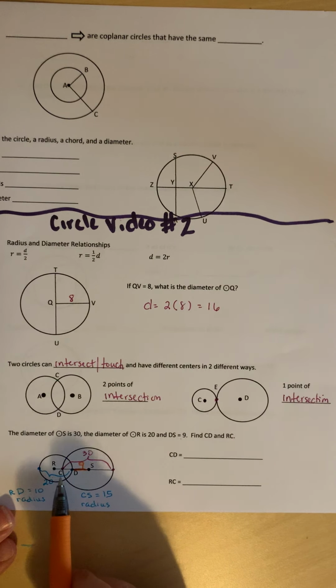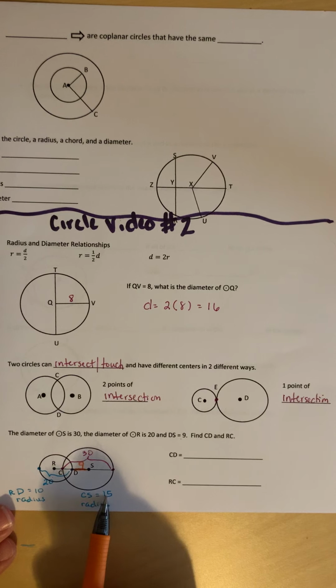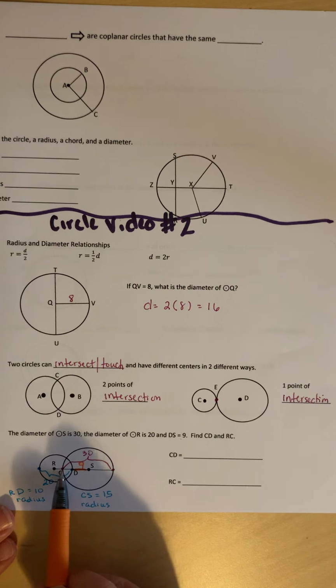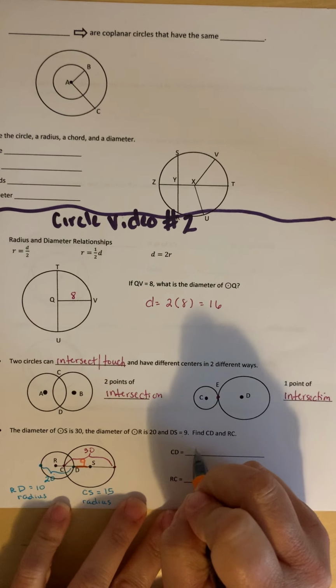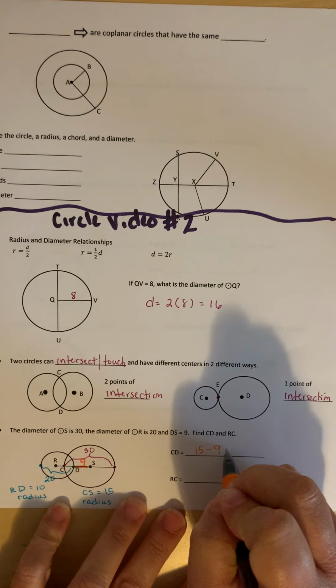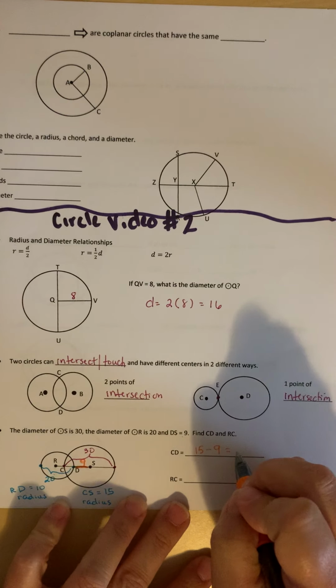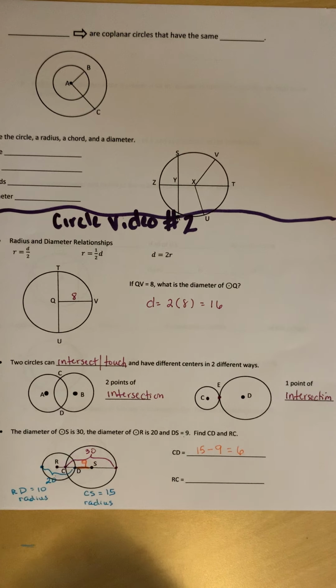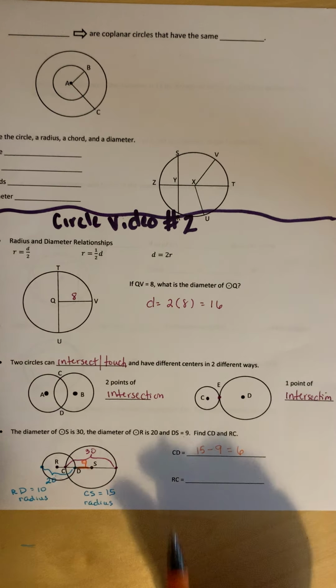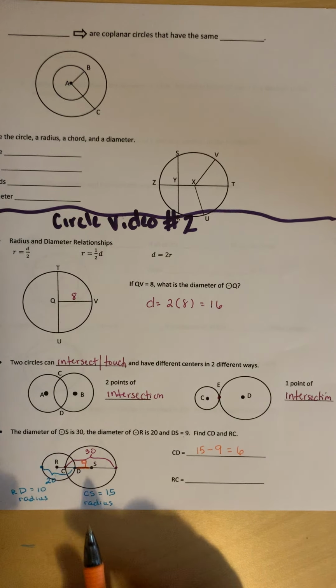Well, if I know from C to S is 15, and I know DS, and this is the part that I need to figure out over here, all I need to do is take 15 minus 9 equals 6. And that is your answer for that part right there.